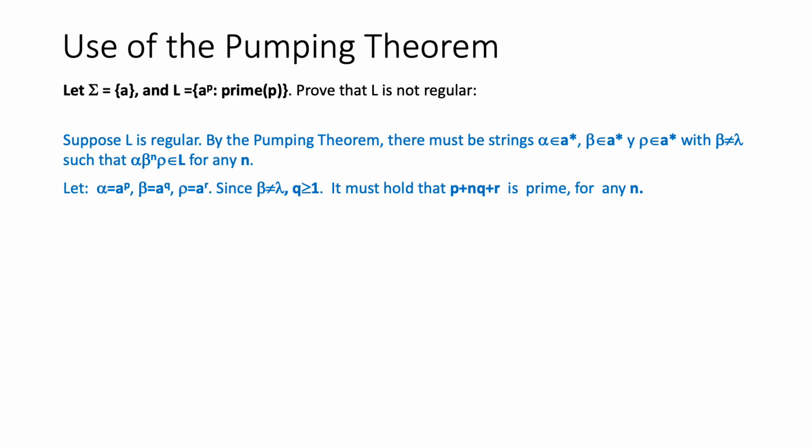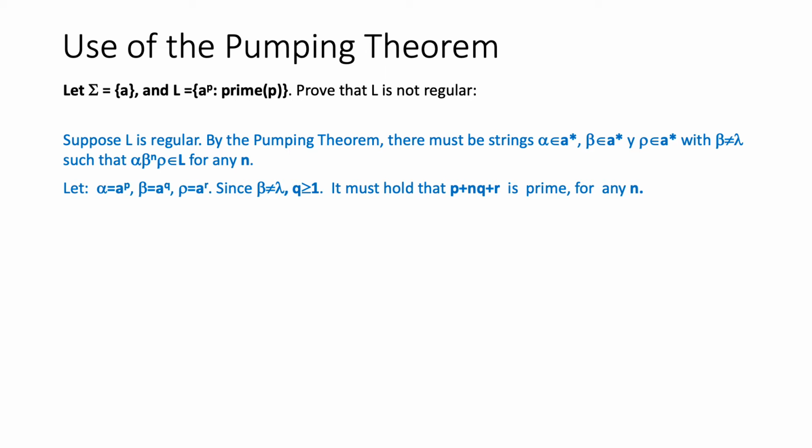Then by the pumping theorem, there must be strings alpha from A star, beta, strings of A's, and rho, also strings of A's, with beta different from lambda, such that for any n, alpha, beta concatenated with itself n or more times, rho is always a member of L. Since alpha, beta, and rho are strings of A's, I can define them as alpha as p A's, beta as q A's, rho as r A's.